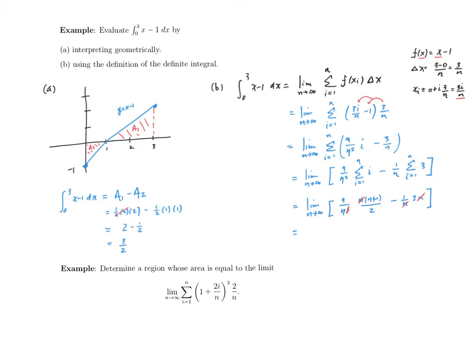The degree in the top and the degree in the bottom are the same, so you simply divide those leading coefficients. So 9 halves, and the limit of a constant such as 3 is just itself. 9 halves minus 3 is 9 halves minus 6 halves, which is the 3 halves that we got a moment ago. So a big sigh of relief.